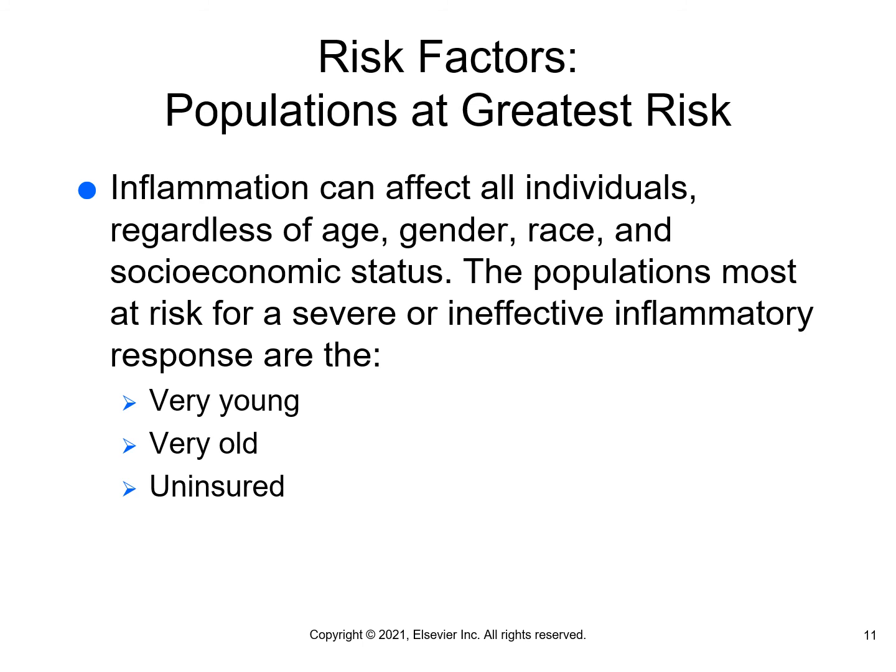In the very old, the thymus gland starts shrinking at the age of 50. We talked about T lymphocytes, so you can appreciate how the response would be affected. The inflammatory response is affected in those two.